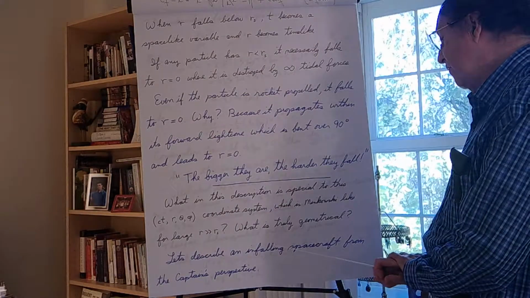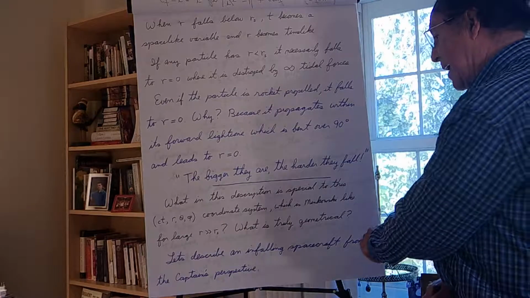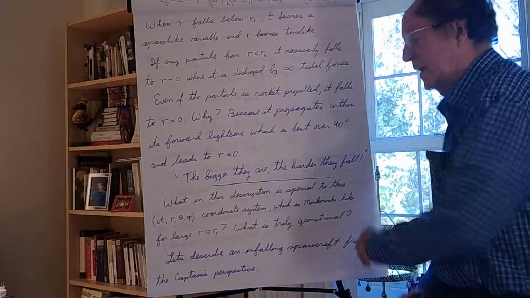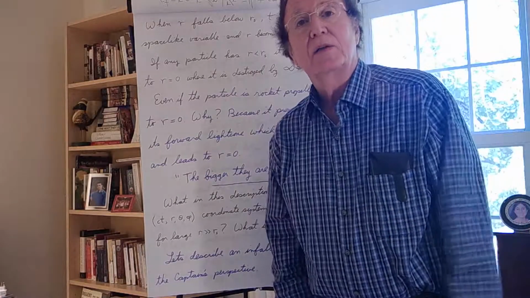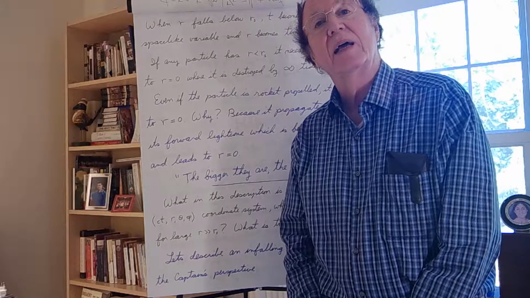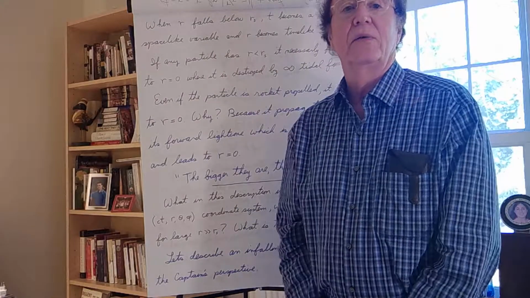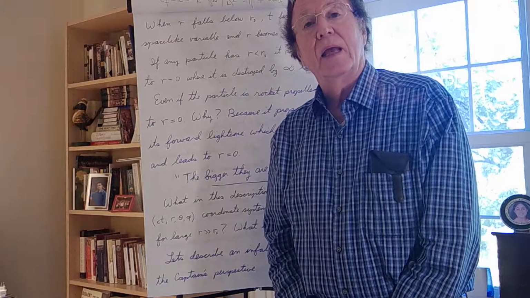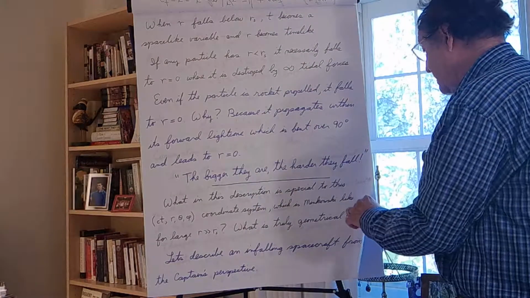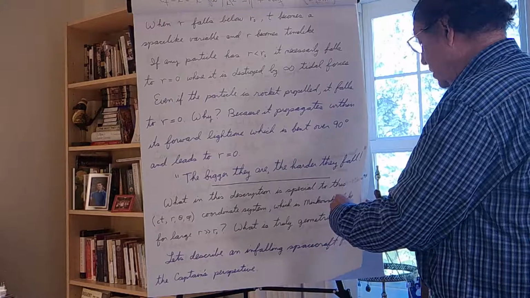Let me take an infalling spacecraft, and I want to understand space-time from the perspective of the captain. So you're the unfortunate captain of a spacecraft. You don't have any propellant left, and I'm dropping you in toward the mass. So you're falling along a radius, and you can do experiments.